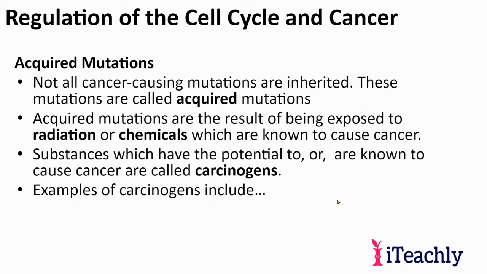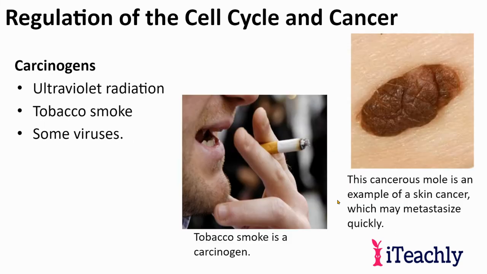So not all cancer-causing mutations are inherited. These mutations are called acquired mutations. Acquired mutations are the result of being exposed to radiation or chemicals, which are known to cause cancer. So substances that have the potential to or are known to cause cancer are called carcinogens. Examples of carcinogens include UV radiation, so that's why you should wear sunscreen, right?